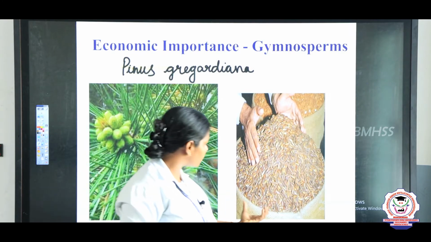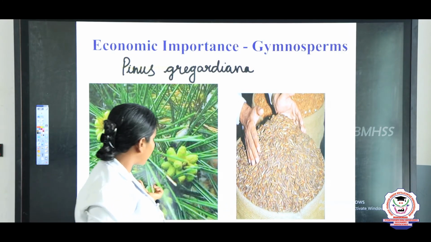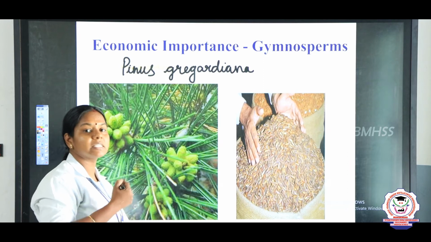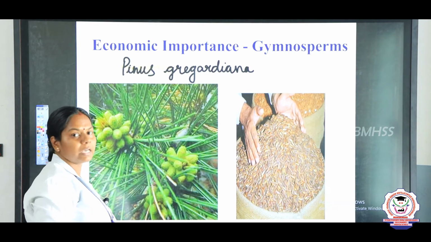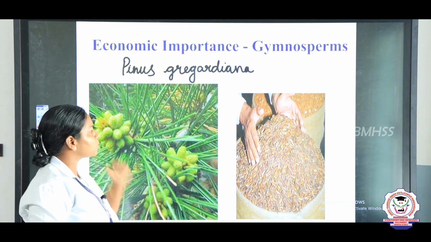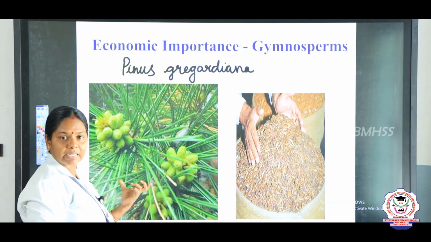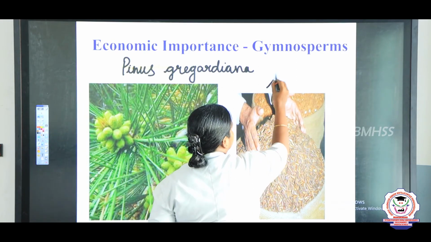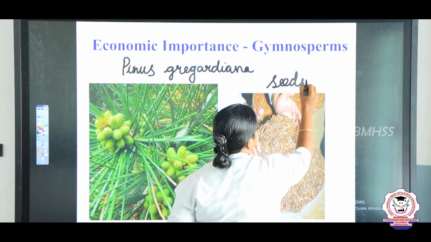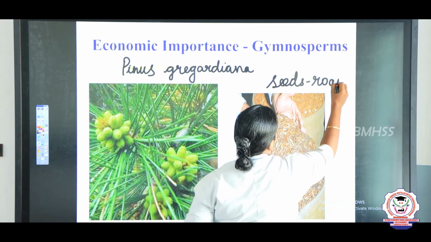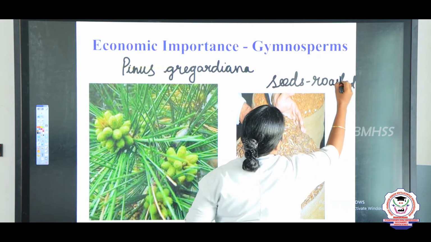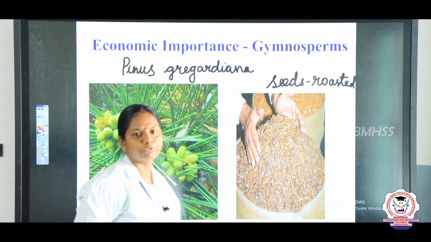Just look at this picture, children. The seeds of this plant are roasted and edible. What is produced from Pinus gerardiana? Seeds, which can be used in roasted form as food.